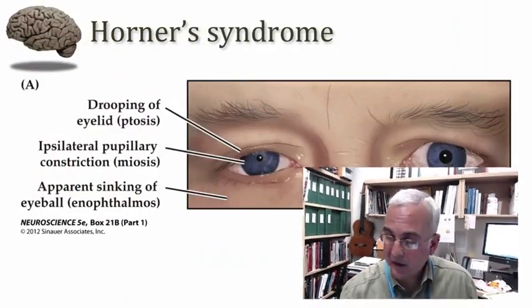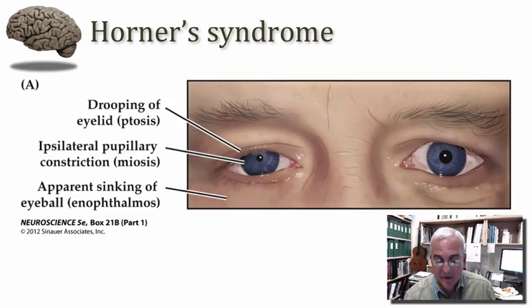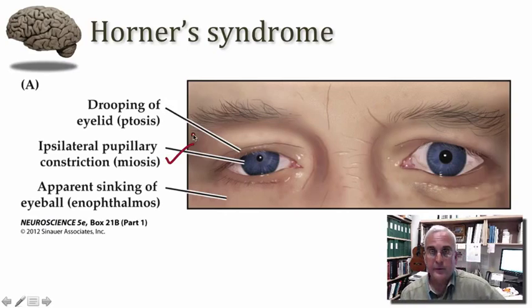Horner syndrome could be bilateral, but it more commonly is unilateral, and it's characterized by a set of signs that can be best appreciated clinically by focusing on the region of the eyes. What we find most significantly is miosis, which is a constriction of the pupil.